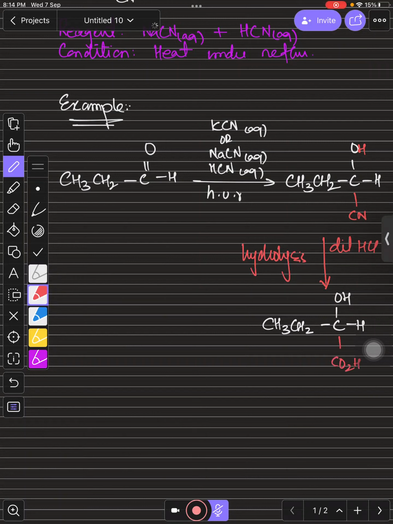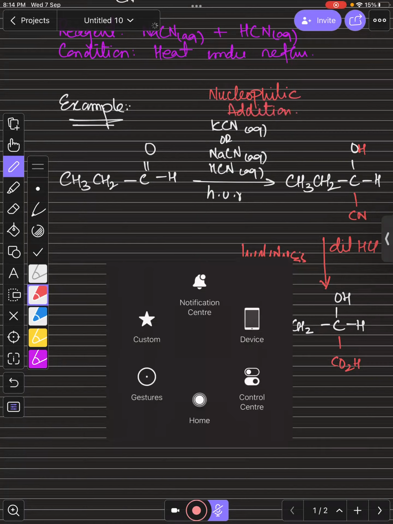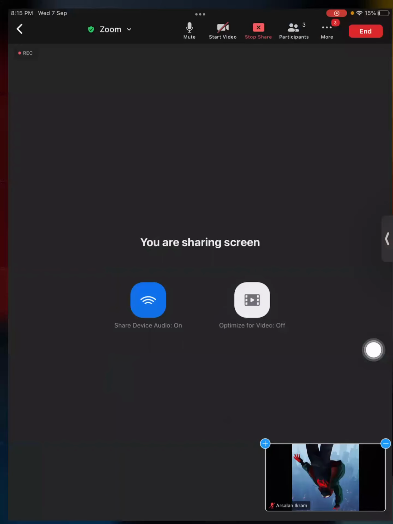So you need to remember these things, right? These can be connected together. Whenever you find the nitrile functional group, it can undergo dilute HCl hydrolysis, right? And this is the nucleophilic addition reaction. So this is the connection of these two reactions. They can be connected together in exams. So you need to remember them together. Right, bacho? Is that clear or not? Clear, bacho?